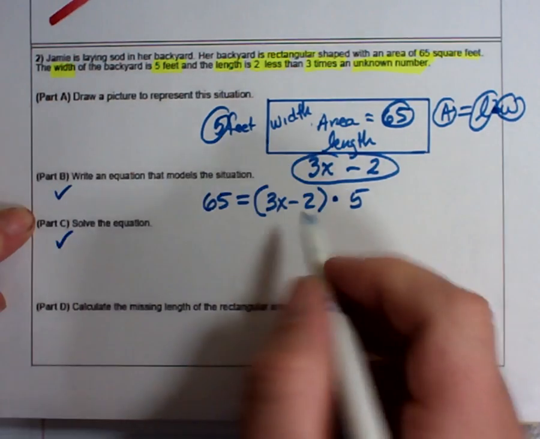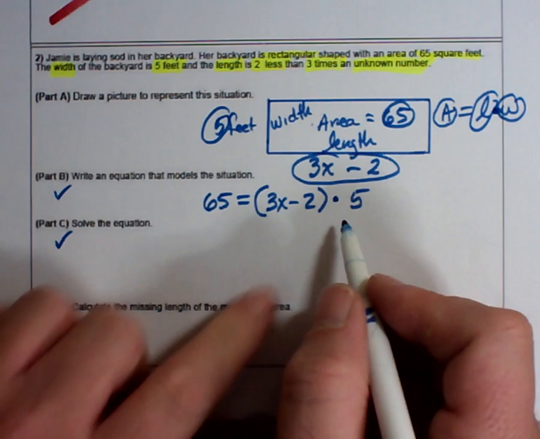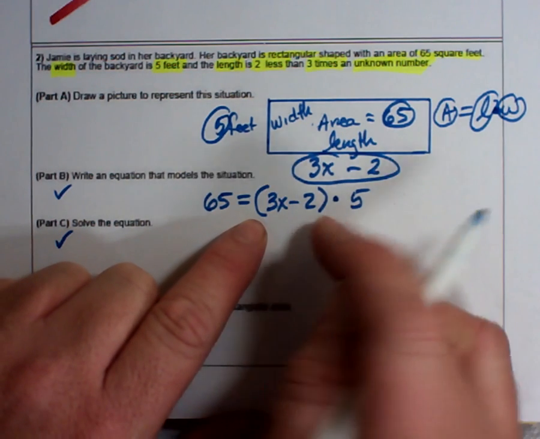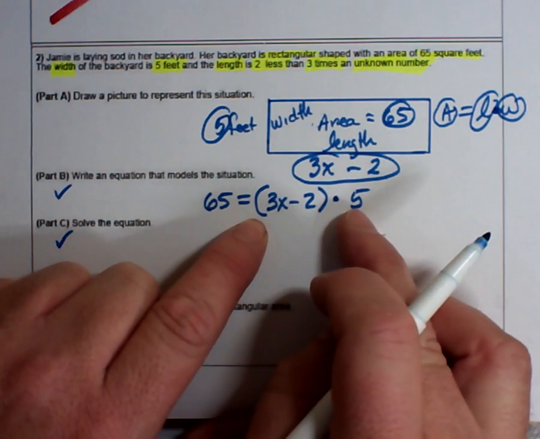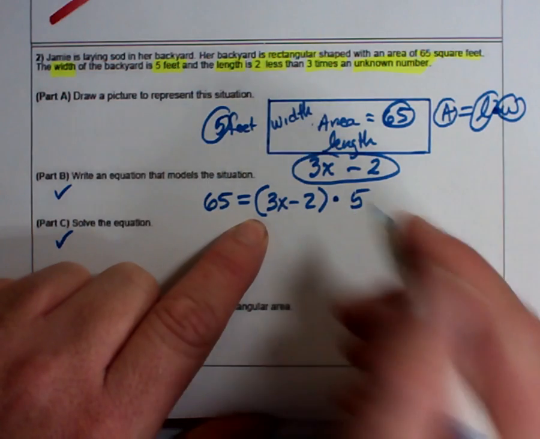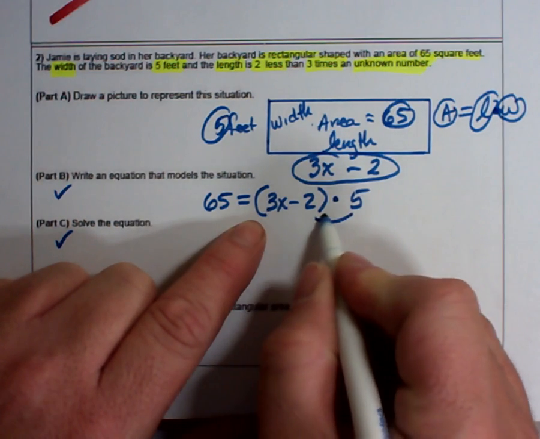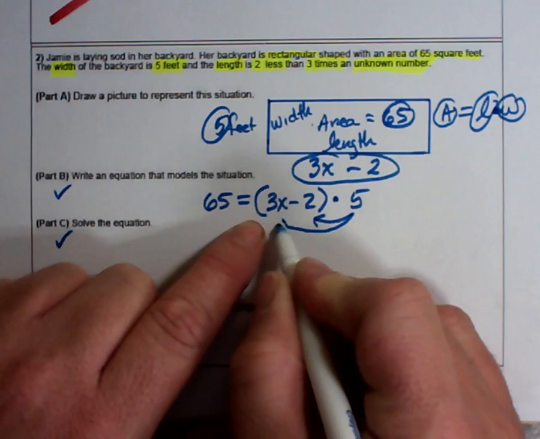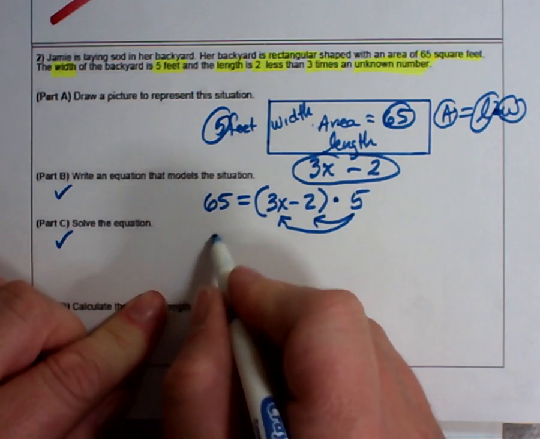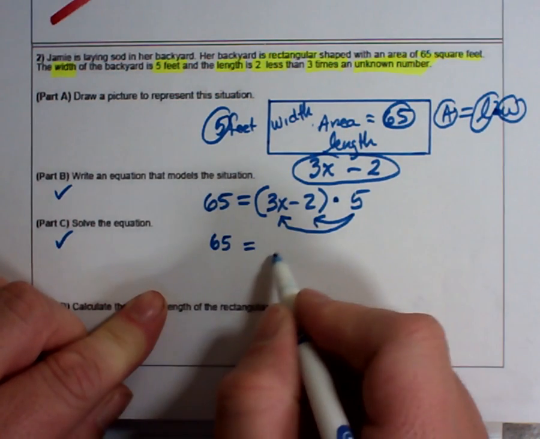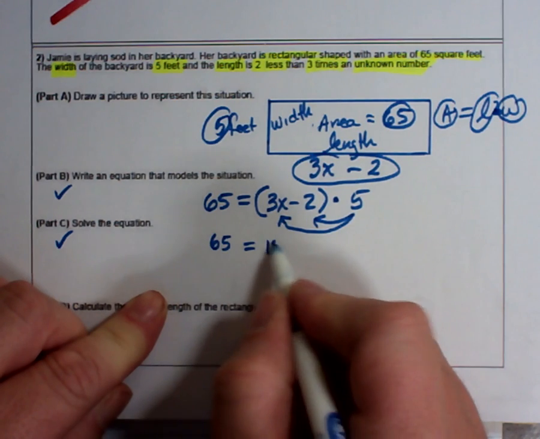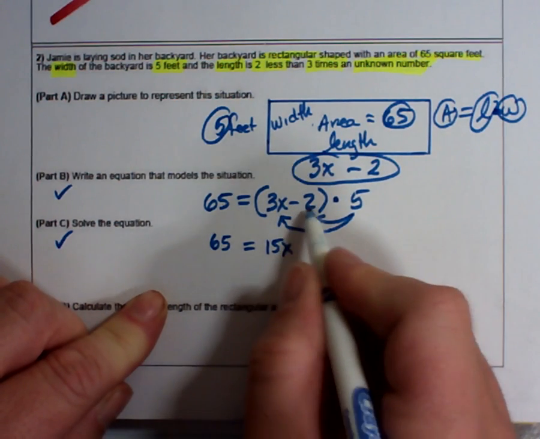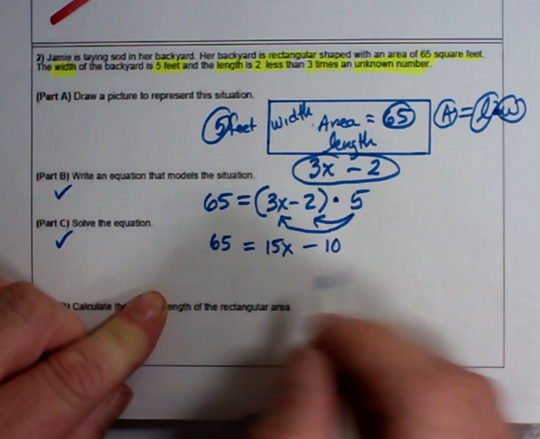Now I'm going to solve the equation by following either combine like terms. I can't combine like terms. I could do the distributive property first before I go to inverse operations. So I'm going to distribute. I'm going to draw my distribution arrows, and I end up with 65 equals 5 times 3 is 15x, and 5 times negative 2 is minus 10.